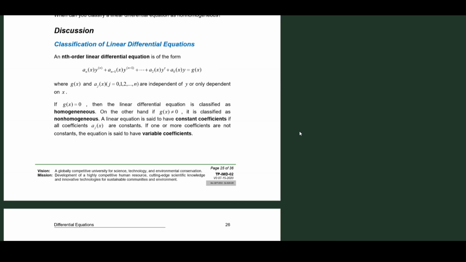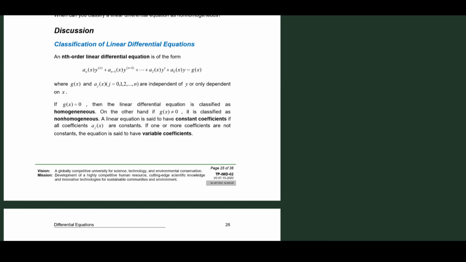So that's how you identify homogeneity. For constant coefficients, you take a look at the a(n) of x and all of the coefficients. If these are constants, then we say our equation has constant coefficients, and if that is not the case, then we have variable coefficients.